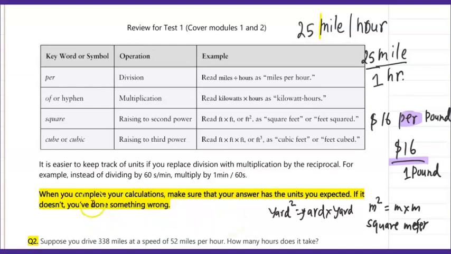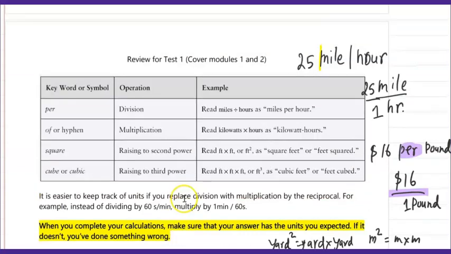When you complete your calculation while doing a unit conversion problem, make sure that your answer has the unit you expected. If it doesn't, you have done something wrong. So you have to be careful when you do the unit conversion. You want the answer to be in whatever unit it must be in. Otherwise, you have to go back and check your answer.